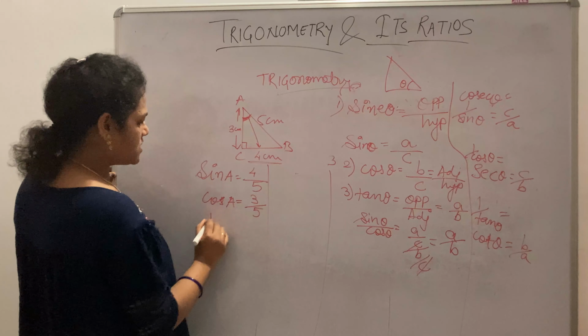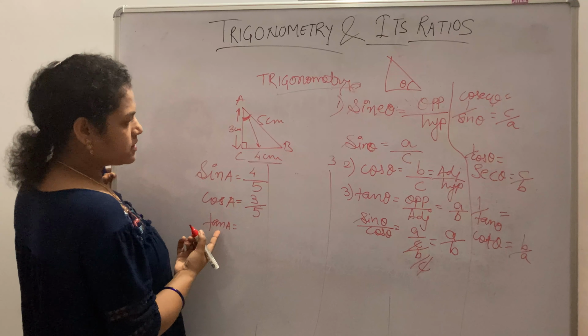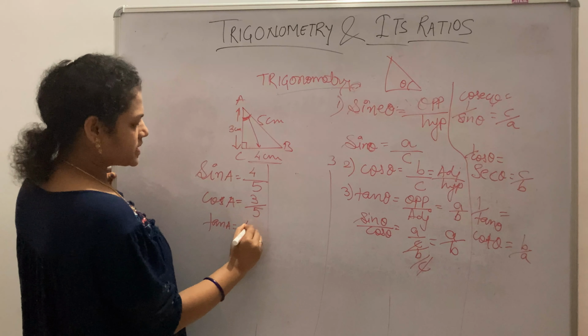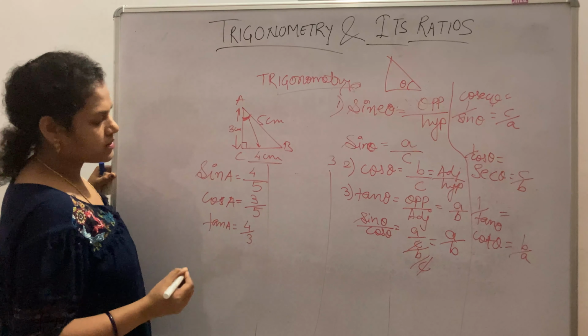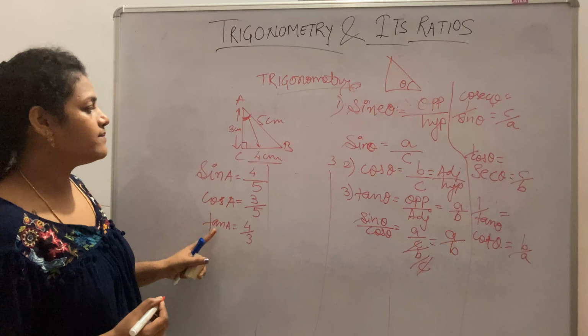Now next is your tan A. Tan A means opposite upon adjacent, that is your 4 upon 3. In this way you can find your ratios, okay.